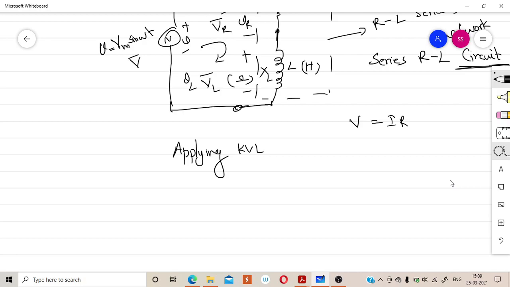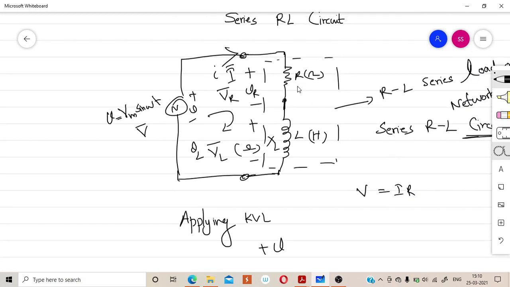Then according to Kirchhoff's voltage law, I have plus V, then plus to minus, it is a fall in potential, so minus VR, again plus to minus, again a fall in potential, so minus VL is equal to 0.